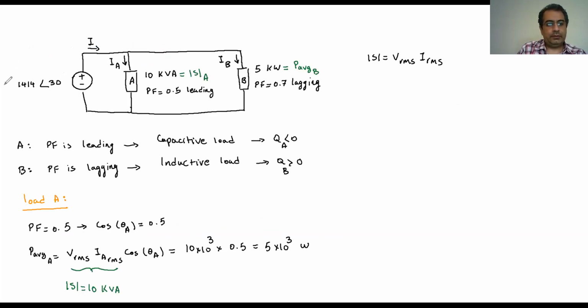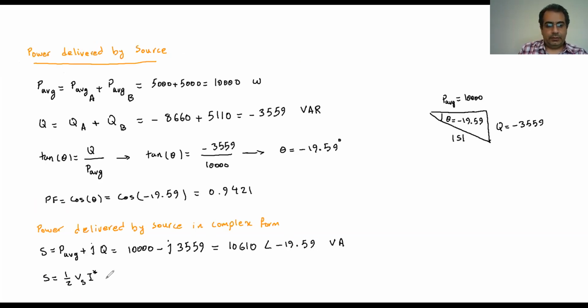So the magnitude of S that we have is 10,610 angle of negative 19.59, equal to one half of VS, which is 14 with angle of 30, and then I star.